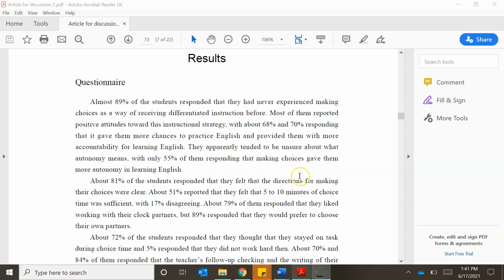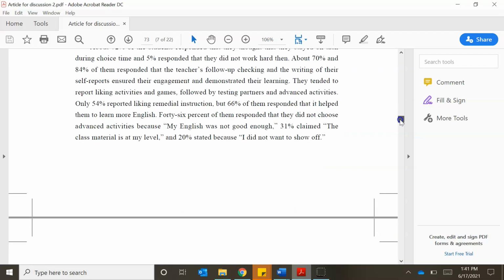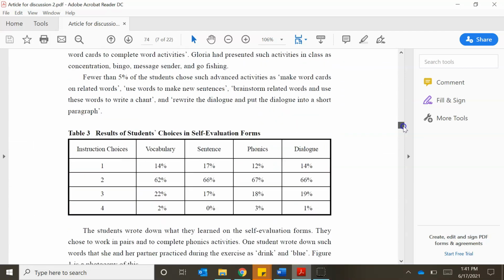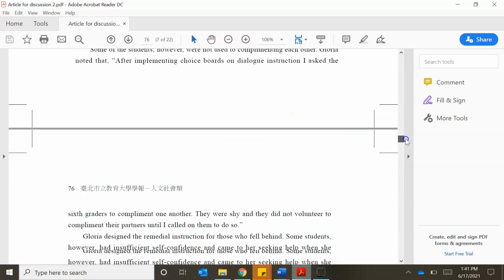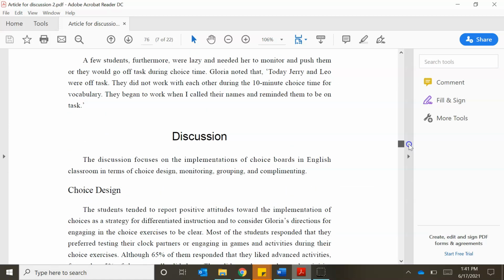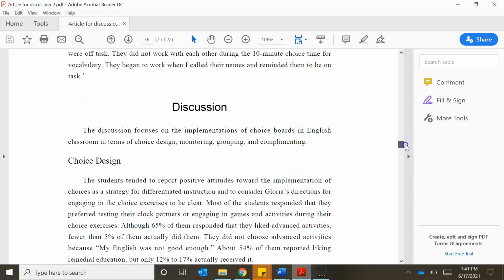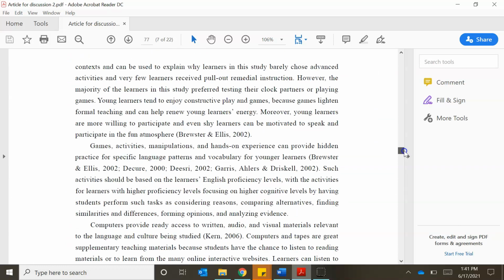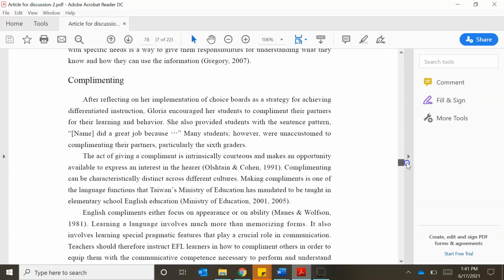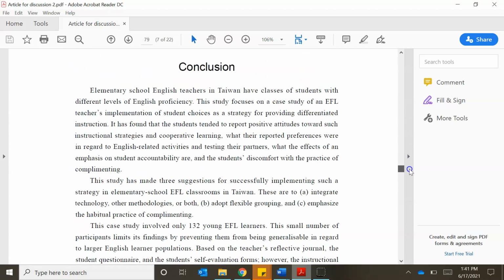After the results section, you are going to want to scroll down and begin reading the conclusion, the interpretation of the results. You may have to scroll down a good bit to find that, depending on how big the data section was. So we're going to scroll all the way down and come to our conclusion.